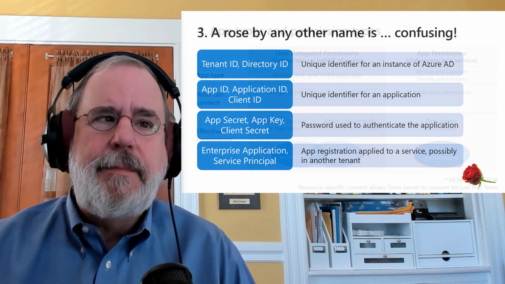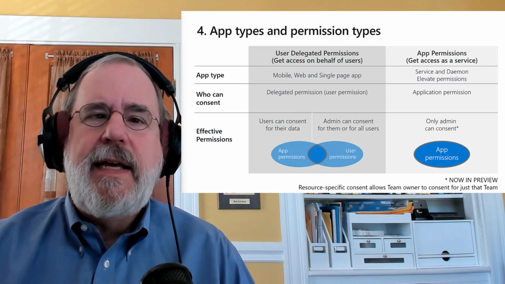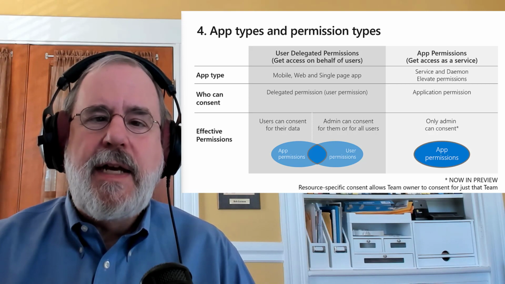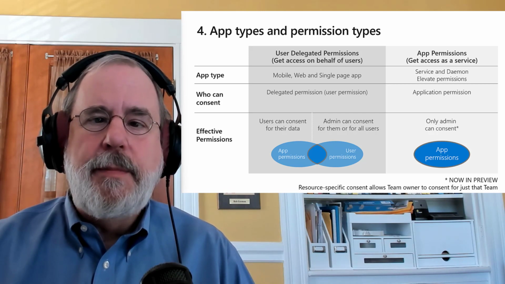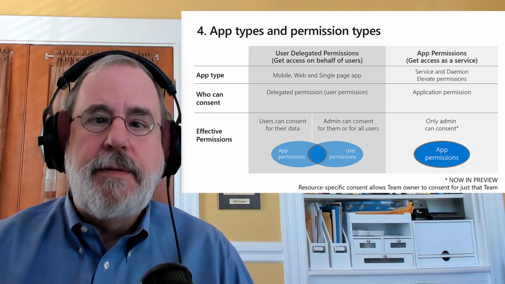The final concept that confuses people, and this is super important to understand, is the idea of different permission types. Basically, there are two different types of permissions in Azure AD that can be given to apps. The first is user delegated permission, and this means that your app is going to act on behalf of a user.